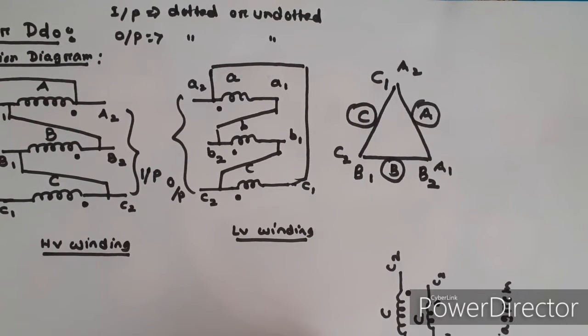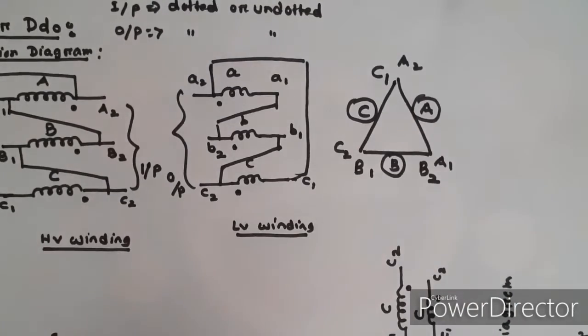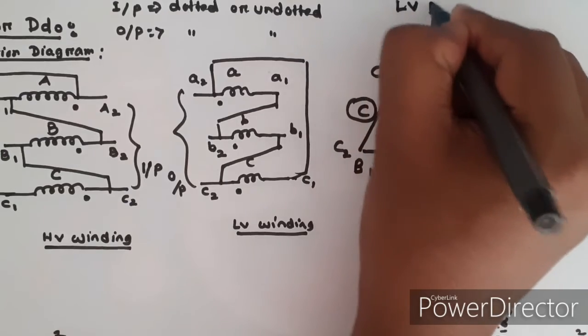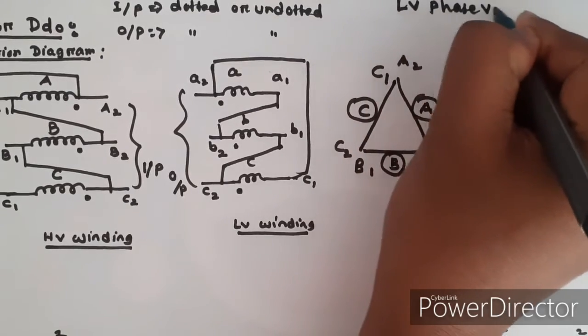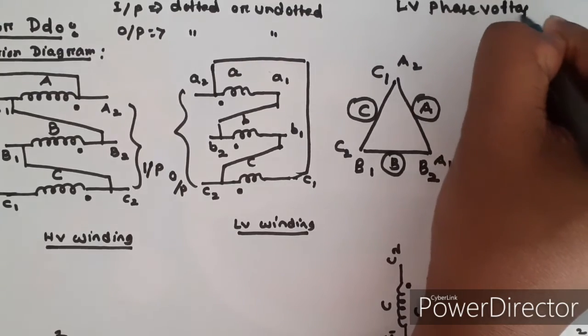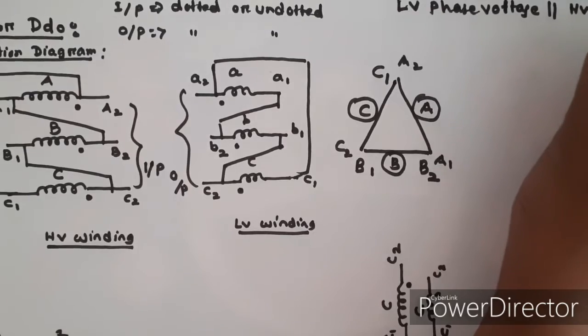To draw the LV phasor diagram, as I mentioned earlier, the LV phase voltage will be exactly parallel to HV phase voltage.